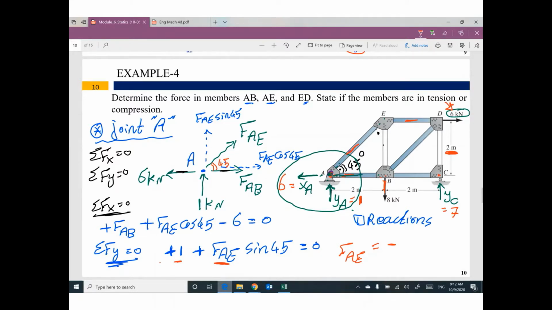It will be negative 1.4 kilonewton. This value is negative 1.4 FAE. So put this value negative 1.4. So I can figure out from this equation the value of FAB. Make sure what is the sign. Your sign will be positive 7.